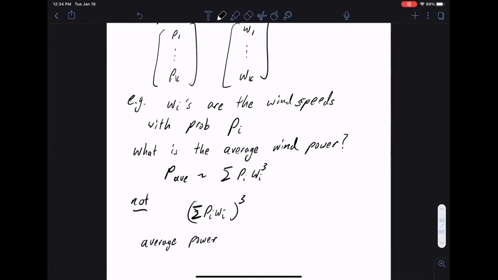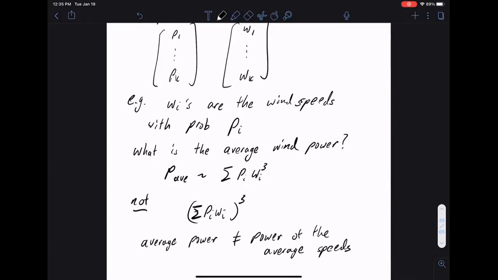This is not the power of the averaged speeds. These are different things. So if we want to find the average power, you must find the power for each individual speed, then multiply by the probability, then sum them up.